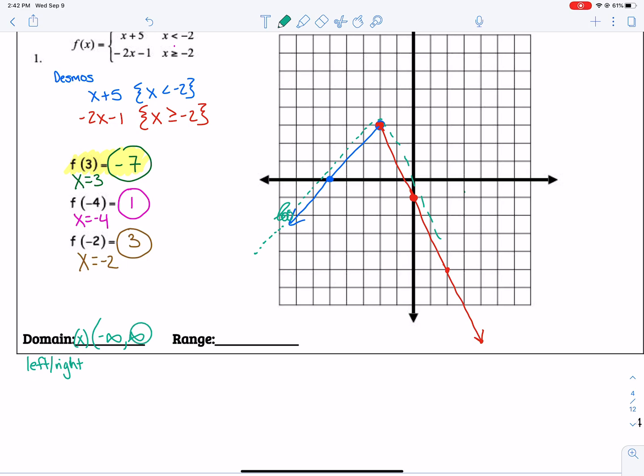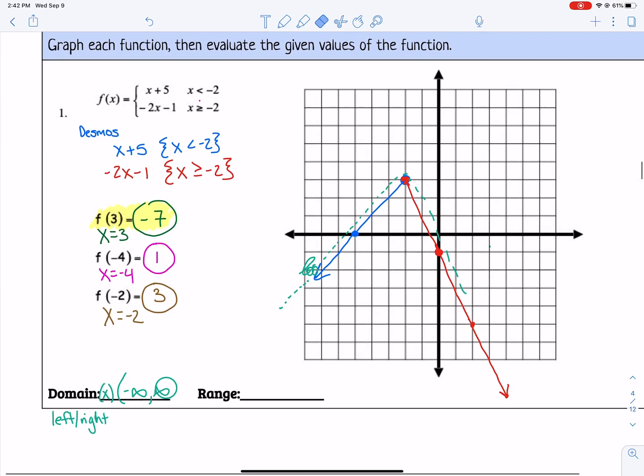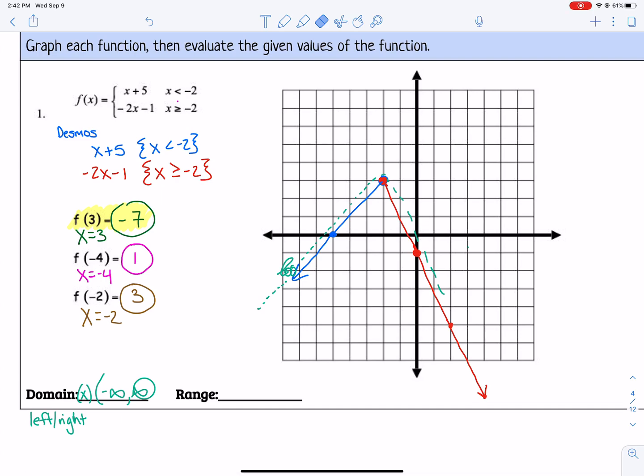Another way you can look at it is by looking at the intervals in the function. In the intervals of your function, you can see what's happening. It says x is less than -2, so you can draw a number line and put -2, and x is less than that.